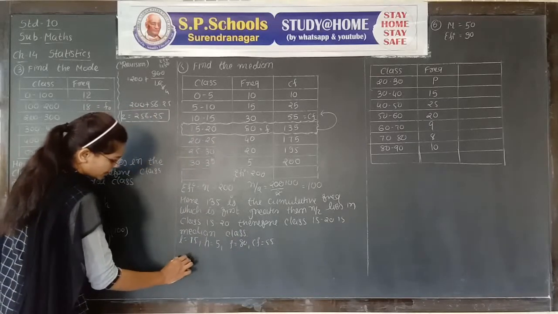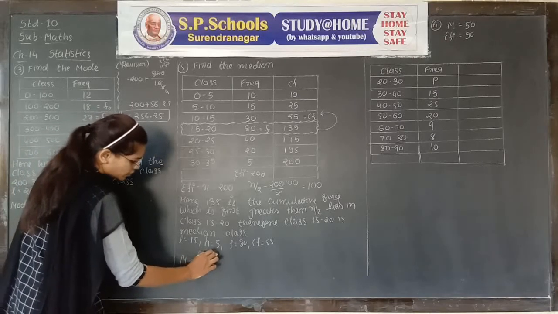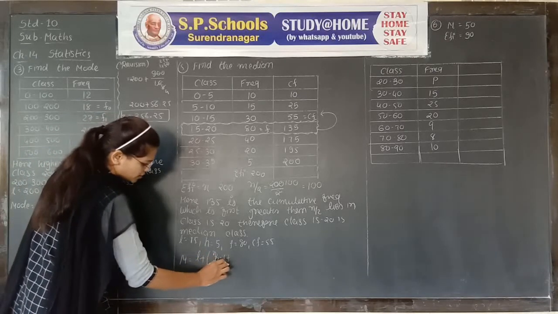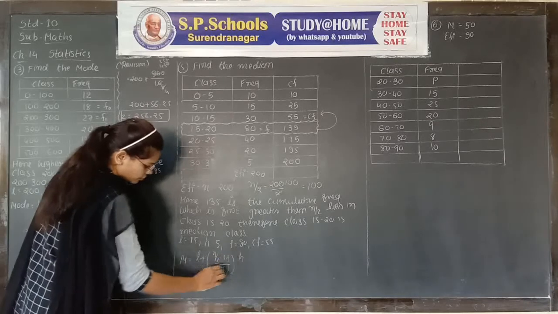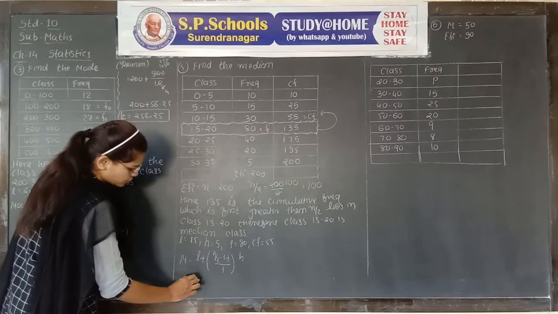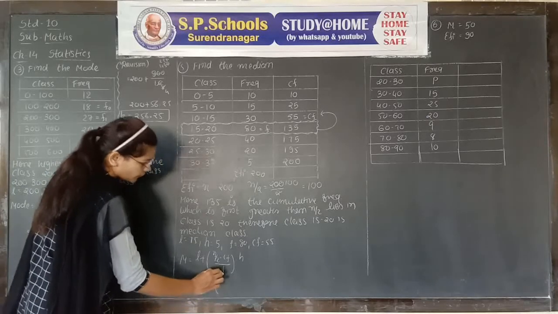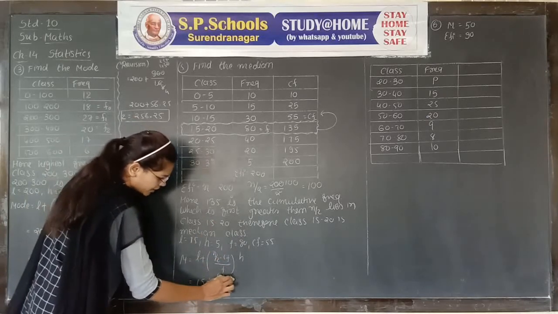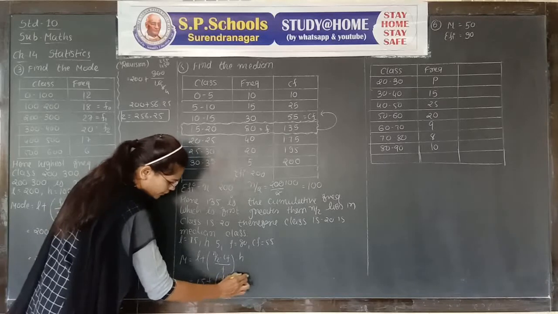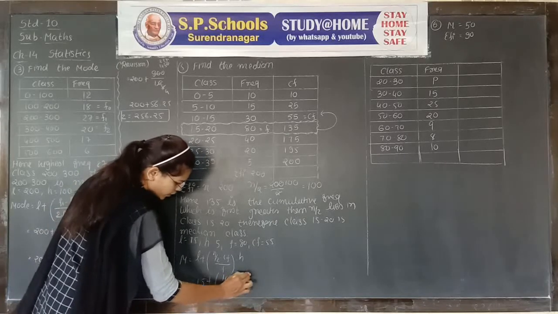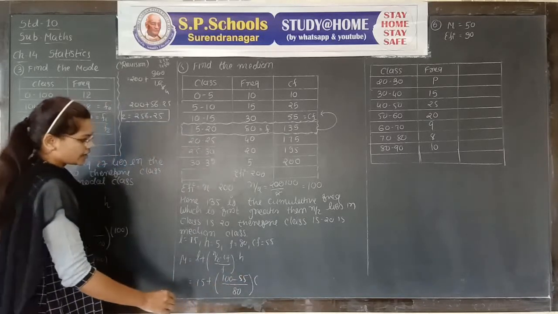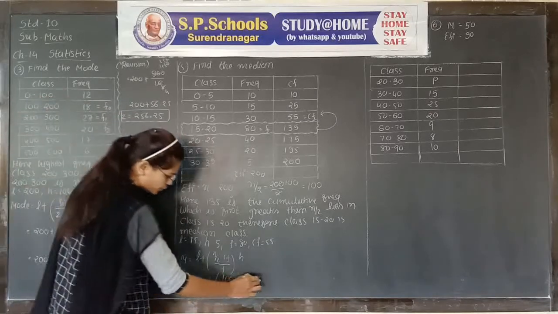Now median M is equal to L plus (n by 2 minus CF) upon F into H, where L is equal to 15, plus n upon 2. n upon 2 is equal to 100, minus CF, which is 55, F is equal to 80, and the class size H is equal to 5.